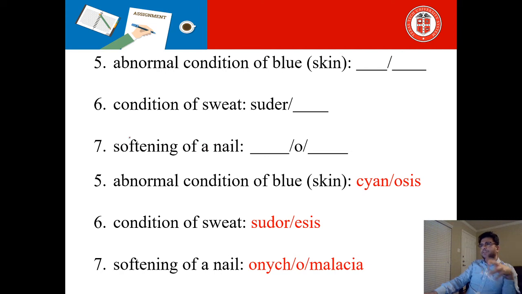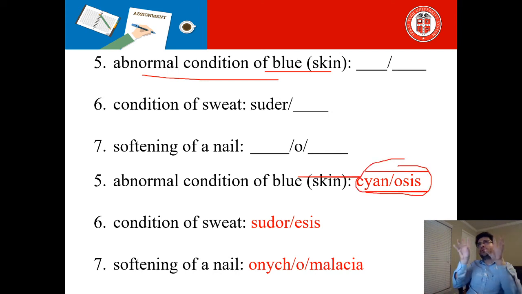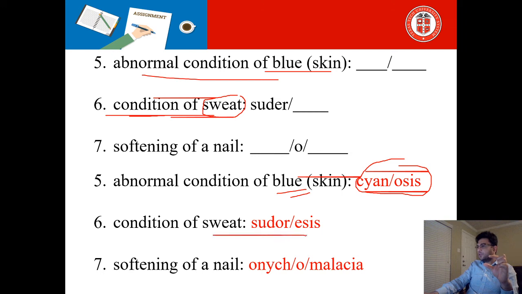Now, this is another exercise where you have abnormal condition of skin. We talked about this term cyanosis in all those 5 boxes where we have red box, erythro, white, leuco, and all that stuff. So the blue one is cyanosis. And the condition of sweat, if you remember, one of the terms for sweat was hydrosis and the other one was sudorosis.